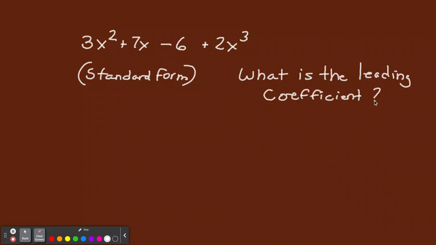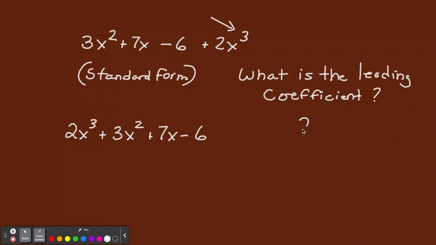The leading coefficient. So first of all, if we put this in standard form, it's going to be 2x cubed, right? Because the 3 is the largest exponent. So it's 2x cubed, descending order now, 3x squared plus 7x minus 6. And the leading coefficient is the one that has the highest exponent.